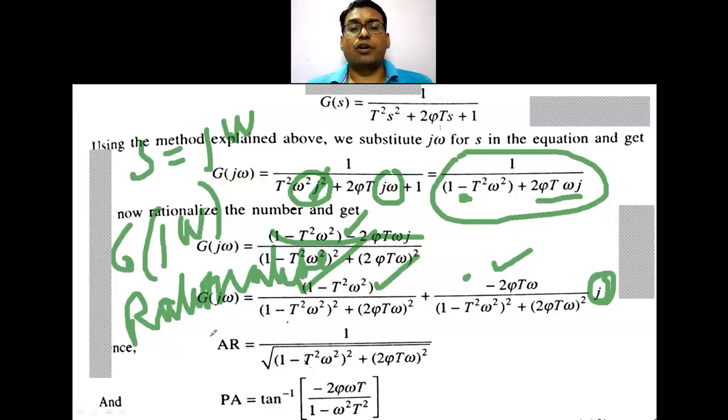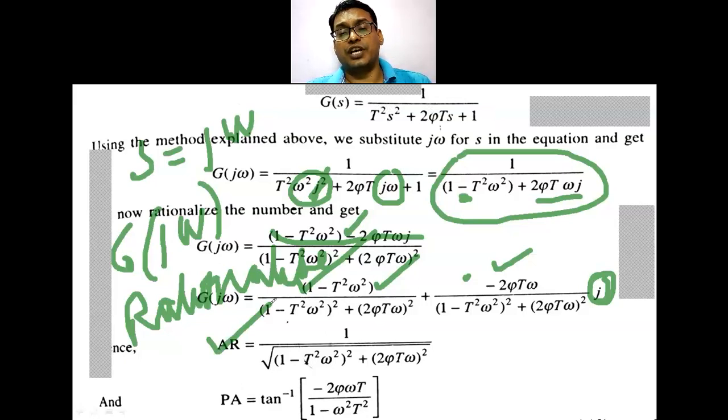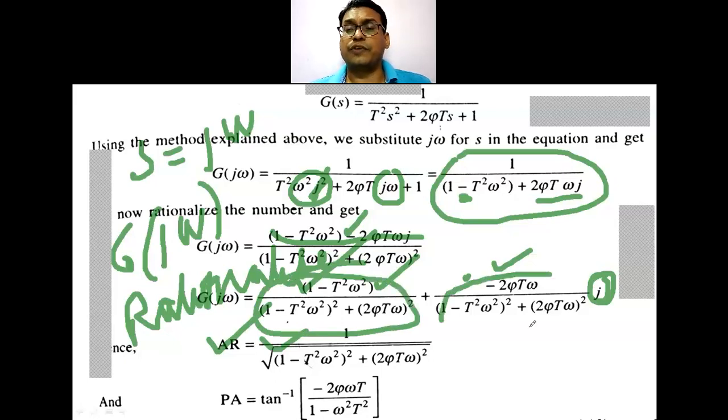So for obtaining the amplitude ratio, you take the square root of imaginary part squared plus real part squared. After simplification, by substituting the values of the real part and the imaginary part, you will get the amplitude ratio as 1 upon the root of (1 minus tau square omega square) squared plus (2 phi tau omega) squared.